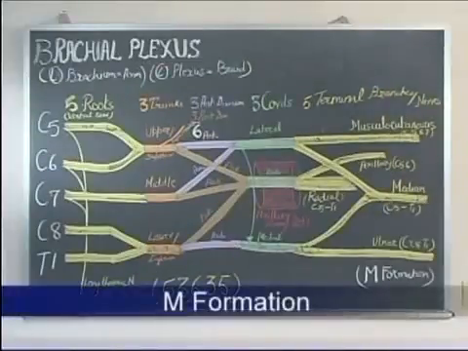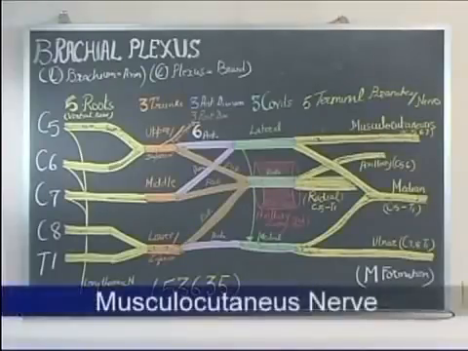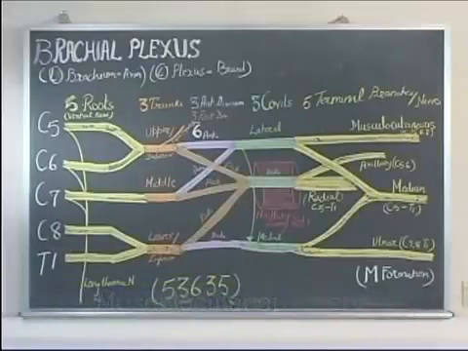There is an M formation by the lateral and the medial cord. If we follow this M, the lateral side of the M is formed by the musculocutaneous nerve, with the spinal level coming from C5, 6, 7.